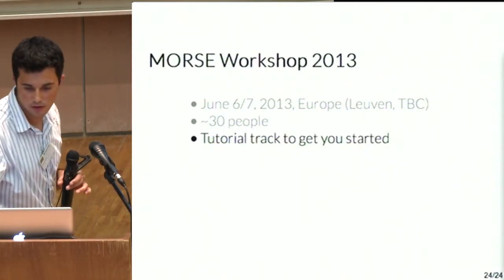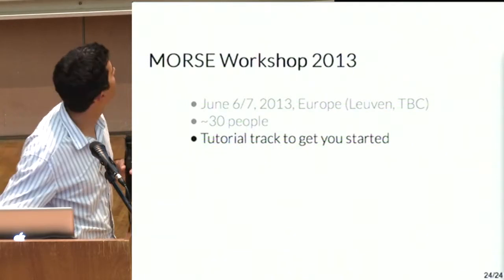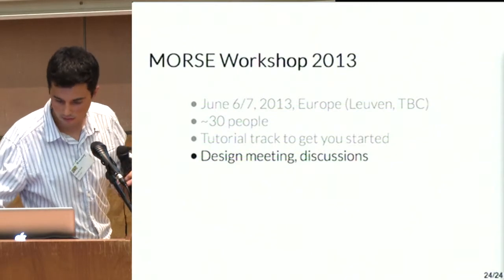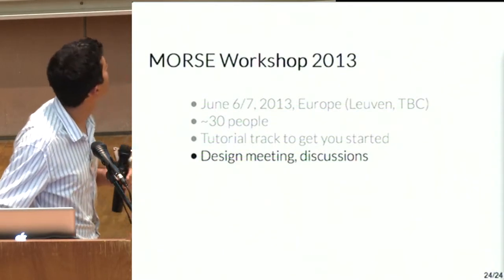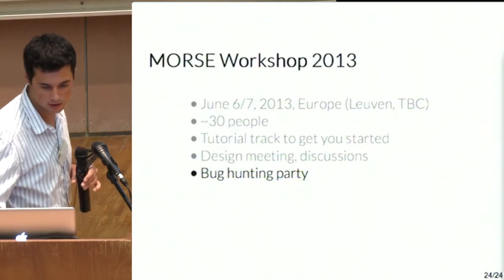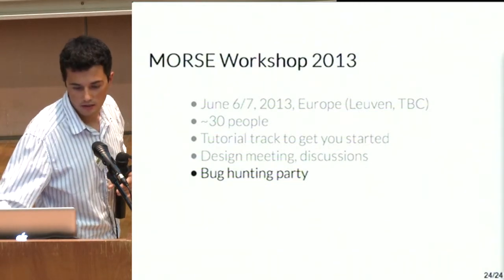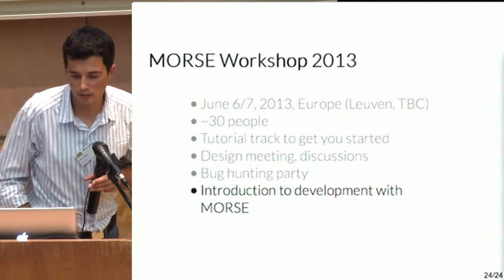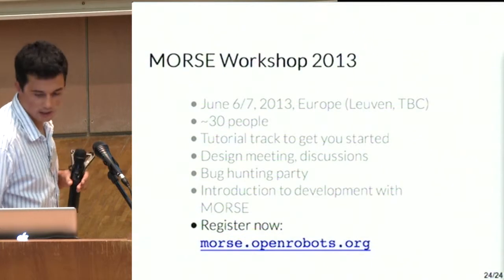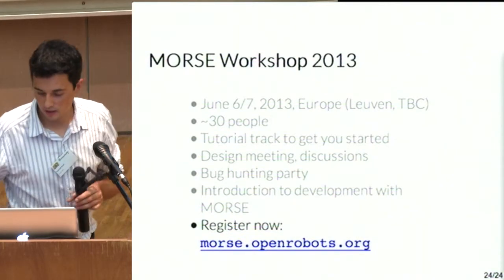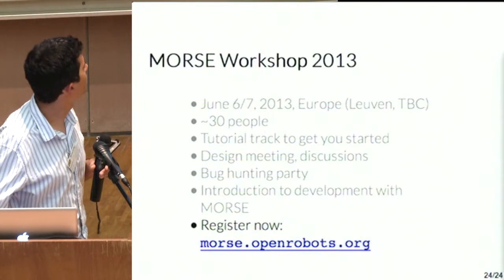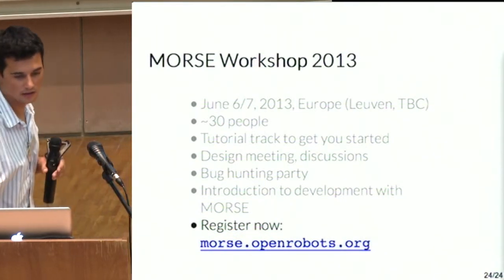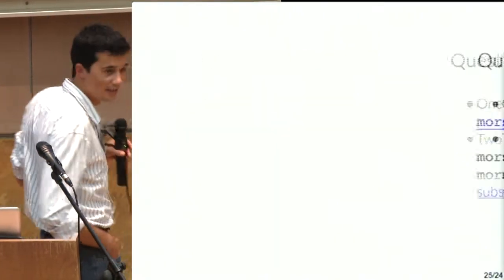It will start with a tutorial, and then some discussion and meetings about design, and then a hacking party or bug hunting, and an introduction to MORSE development. You can already register on the website, morse.openrobot.org, and feel free to go there and edit the wiki page related to this event. And that's it for my part.